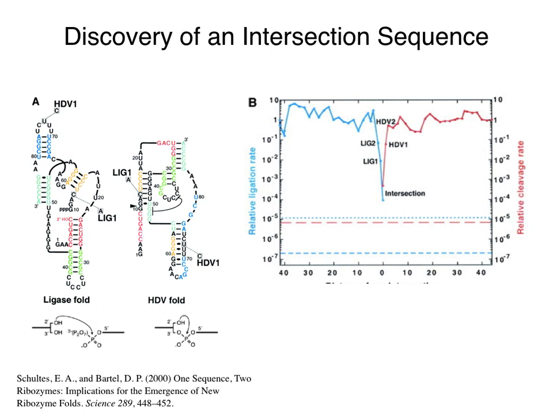But we wanted to zoom in and find out about all the other numerous trajectories that aren't present in this data. So we chose a reference ligase sequence and a reference HDV sequence that each had high relative activity for their given function, and were only 14 mutations apart.